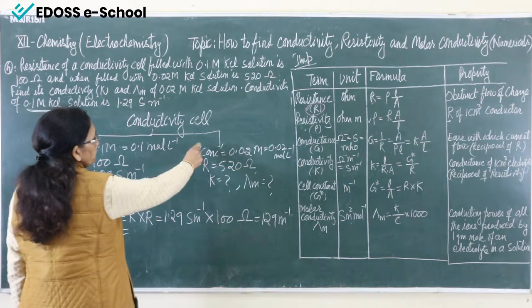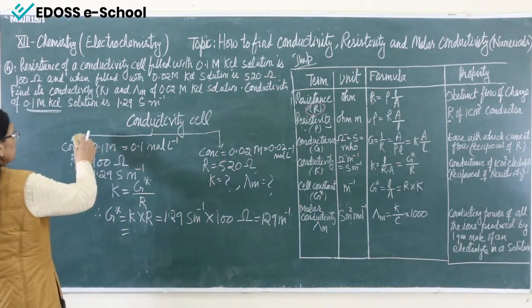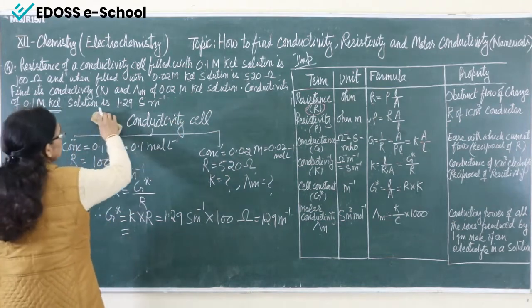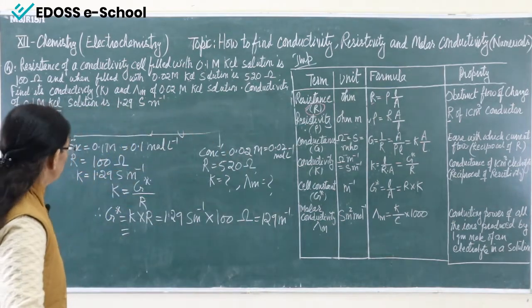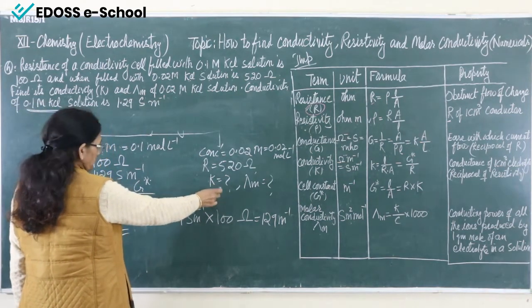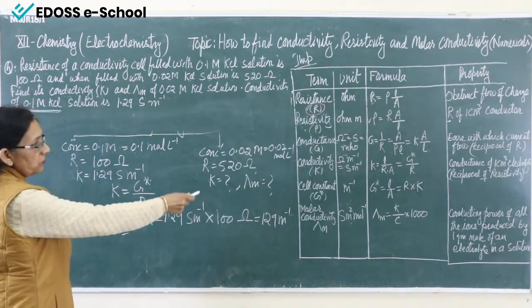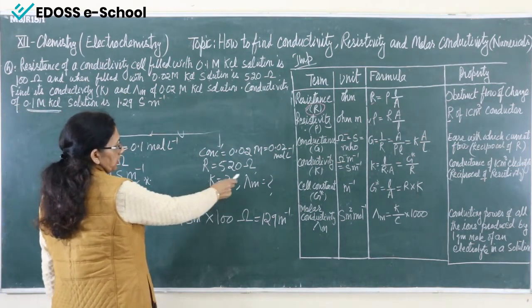Now what will we do? Now we will find K of this cell. G star, the cell constant, we already know, so then we will know K here.